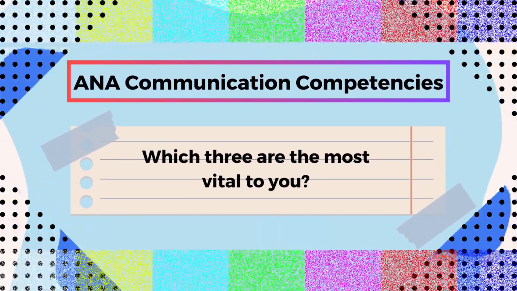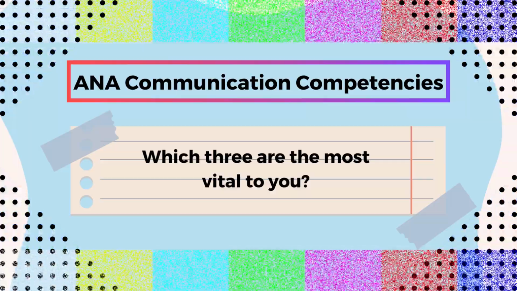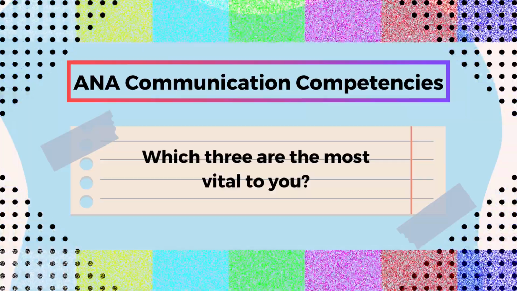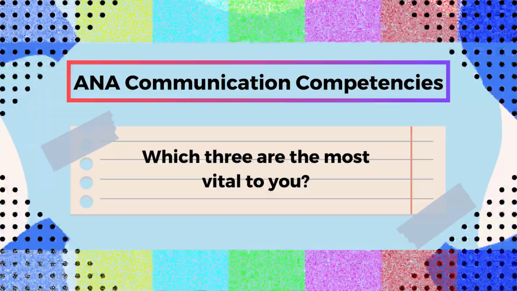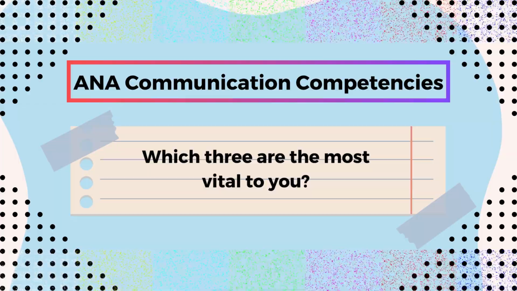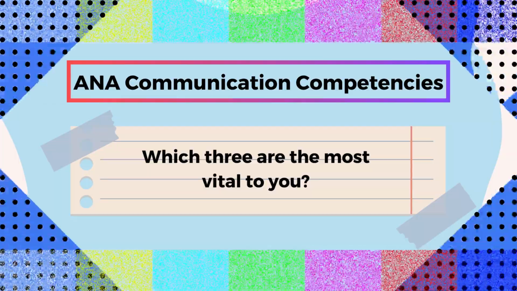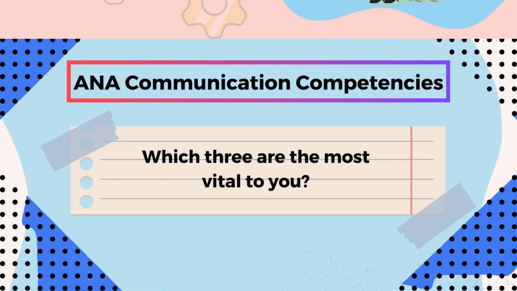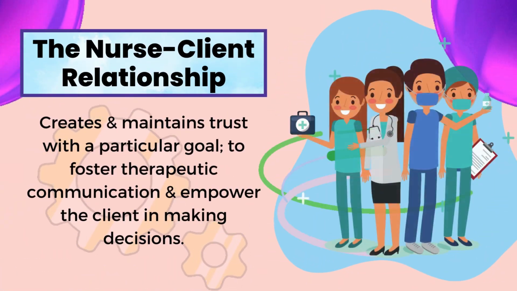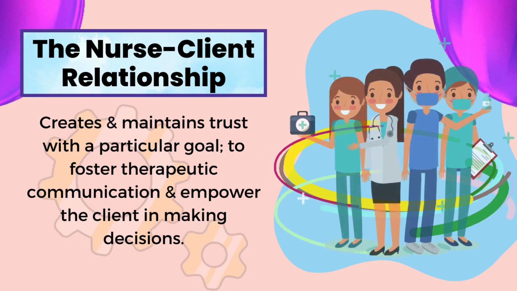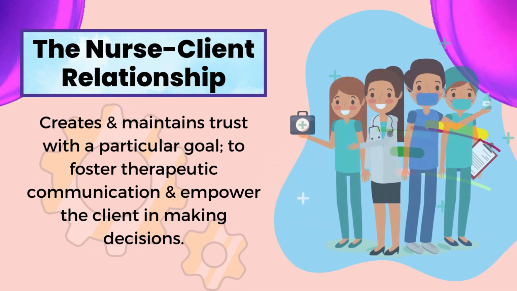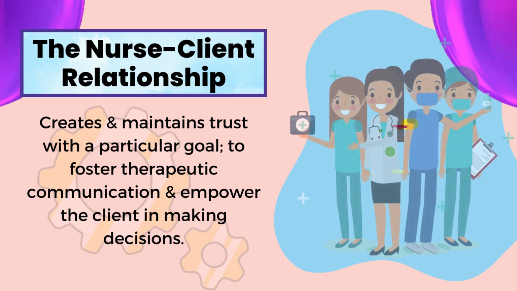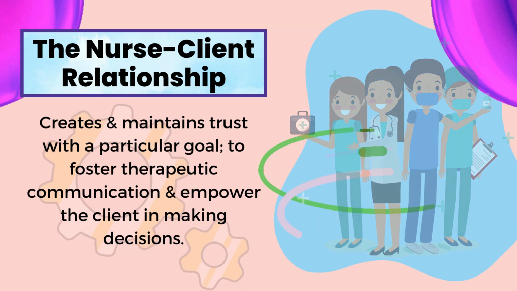All right, moving on to some communication. As part of your reading, you took a look at the ANA communication competencies, and I want to know which of the three competencies are the most vital to you? Which ones do you feel like are the most important? The nurse-client relationship is important in all realms of nursing, but it is particularly important in the mental health community, as a mental health nurse or dealing with mental health patients.